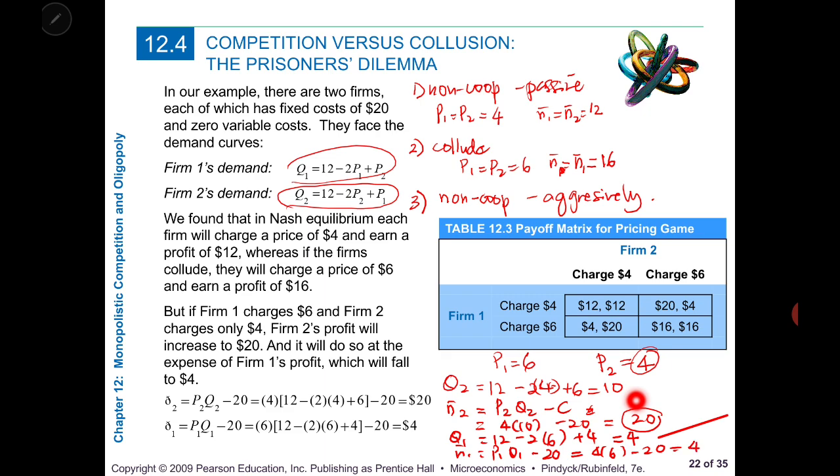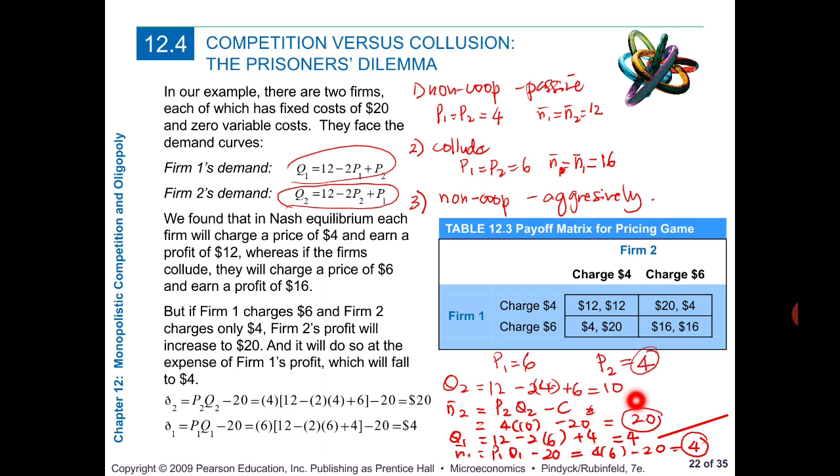So misfortune has befallen firm 1, where they are only able to earn a profit of $4. Okay, if it's the other way around, firm 1 is the one that undercuts the competitor. They charge $4 while firm 2 still maintains the $6 price. The situation will be reversed.